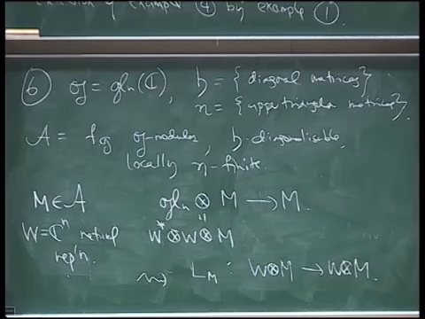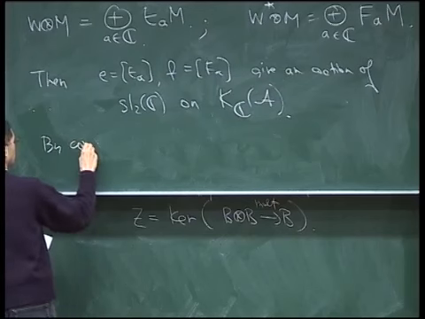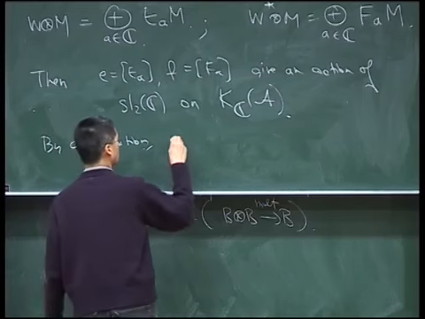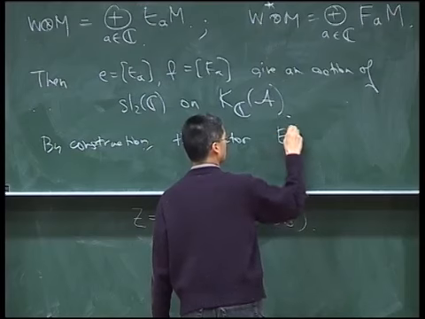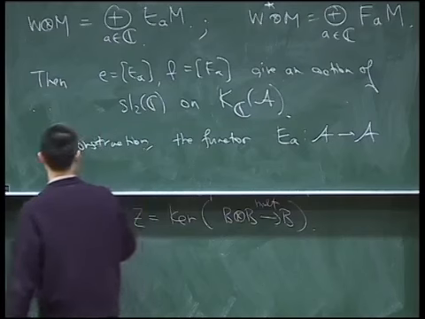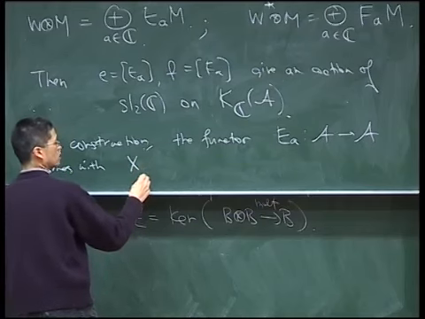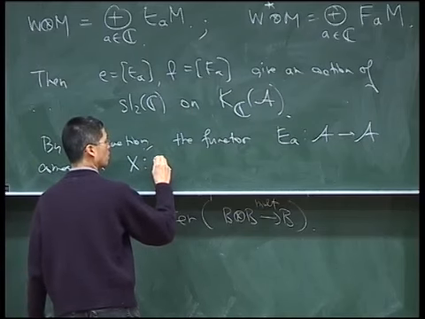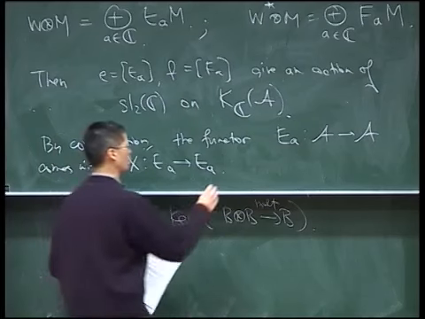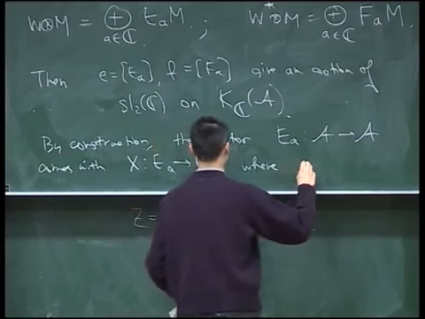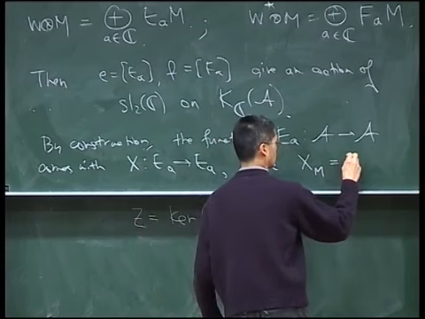So by construction, the functor E is equipped with a natural transformation, let's call it x, an endomorphism of this functor, where the action of x at the object M is given by L_M.